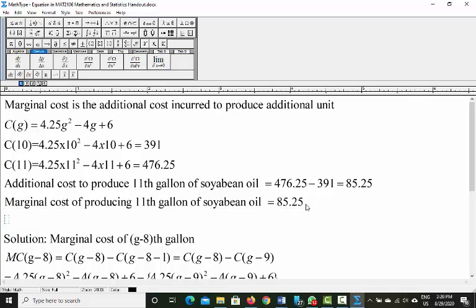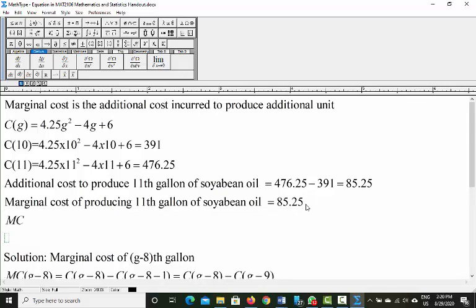So how did we get it? What should be the formula? The marginal cost of the 11th gallon, how did we calculate it? We calculated it by C11 minus C10.